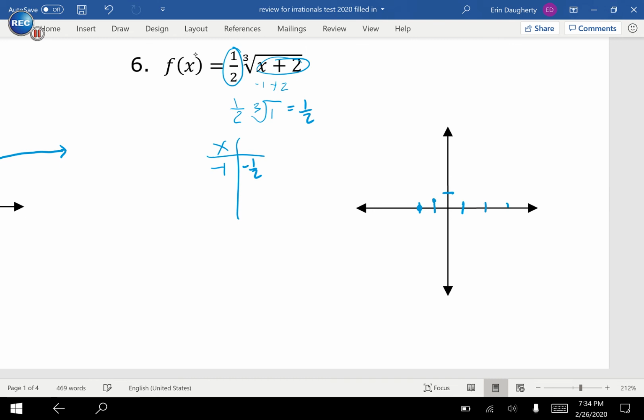All right, so that really didn't tell me much here. So I want to try to maybe keep going. Another cube root is the cube root of 8. That would give me a +2. So I need to think about what number in here, when I add 2, would give me 8. And in this case, it's going to end up being 6.